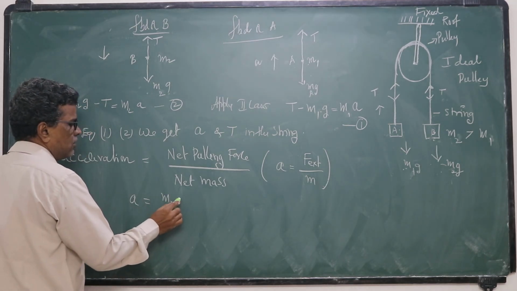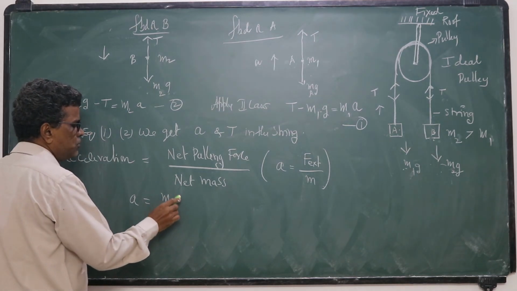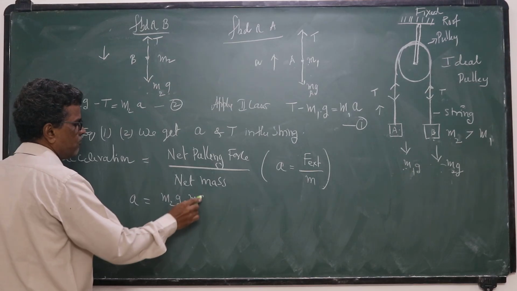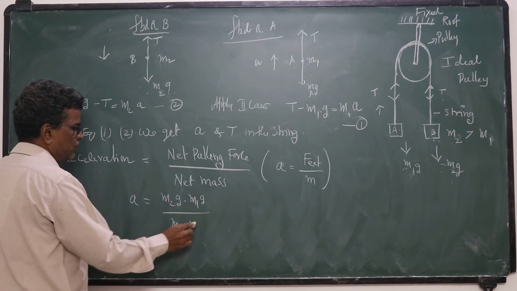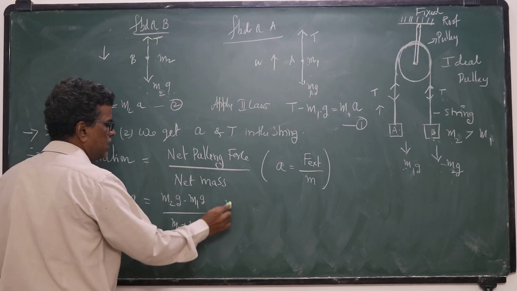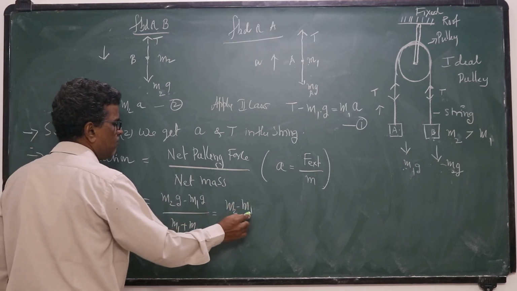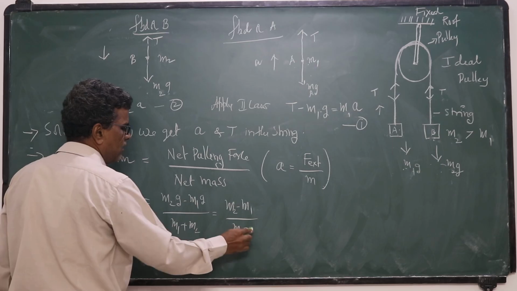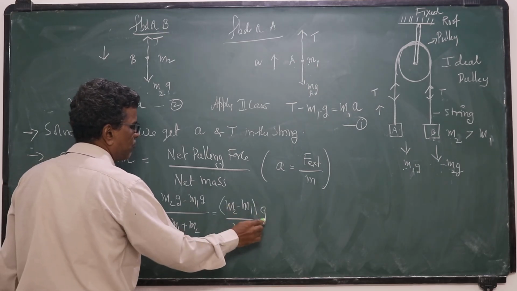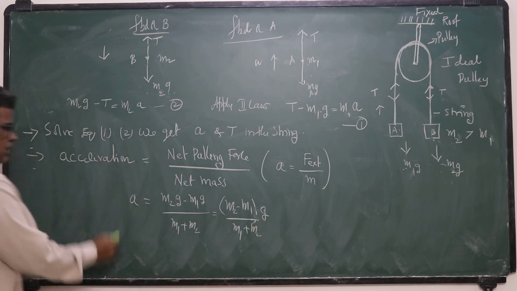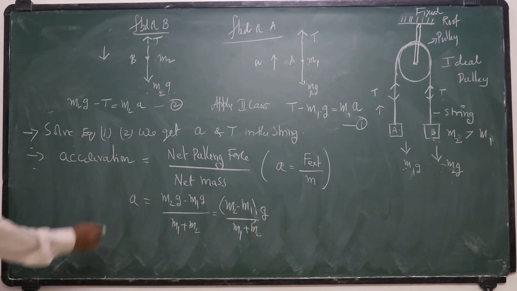M2g minus M1g, divided by the net mass M1 plus M2. So that is a equals (M2 minus M1) by (M1 plus M2) times g. So you get directly the acceleration of the system.